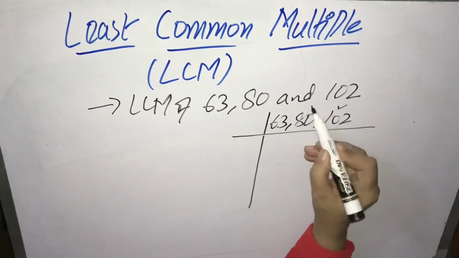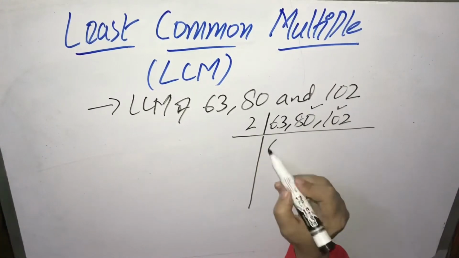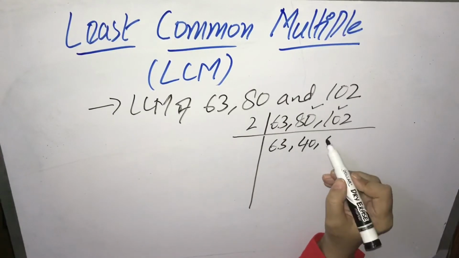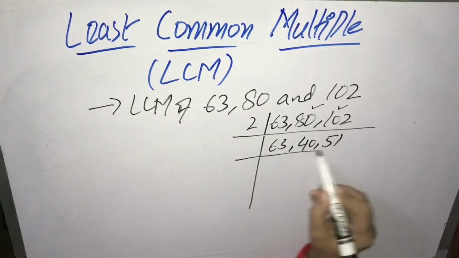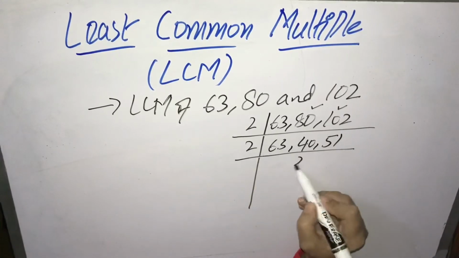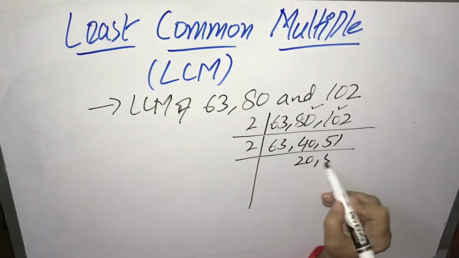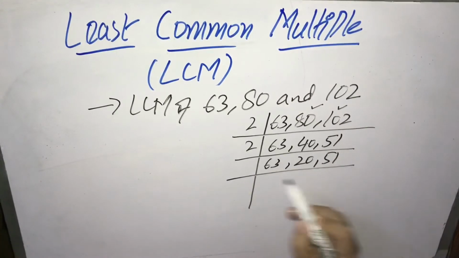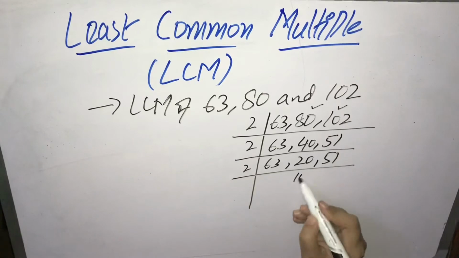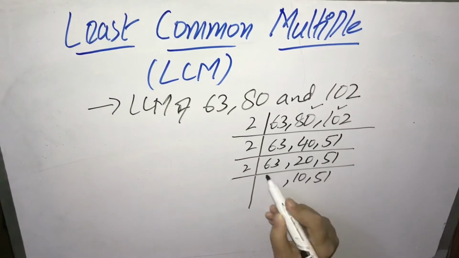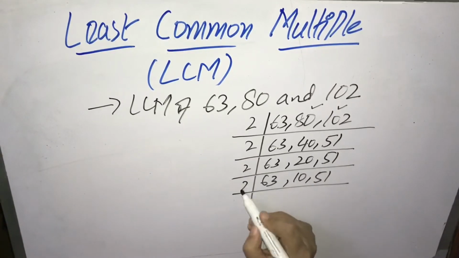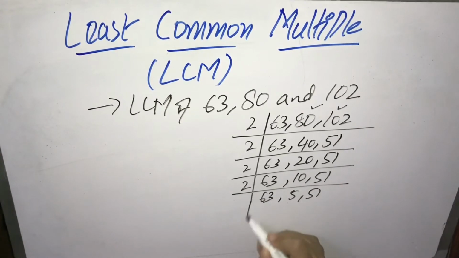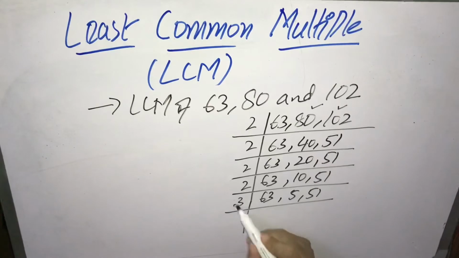There are two even numbers, so I shall start with 2. 63 will remain as it is, 40, 51. I stay with 2: 63 as it is, 20, 51 as it is, as it is not divisible by 2. 63 as it is, 10, 51 as it is. 63 as it is, 5, 51 as it is.